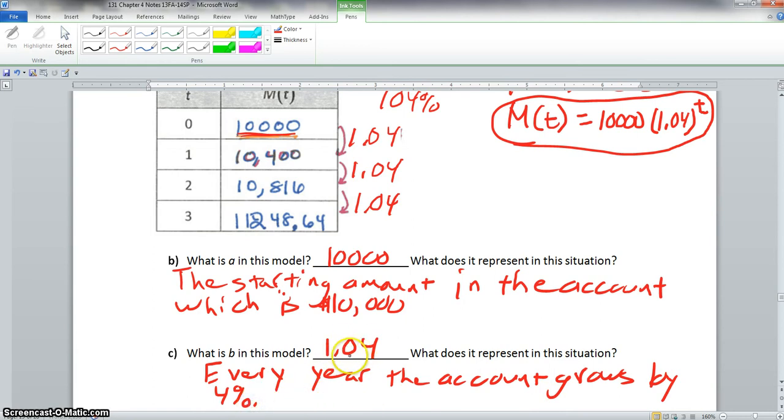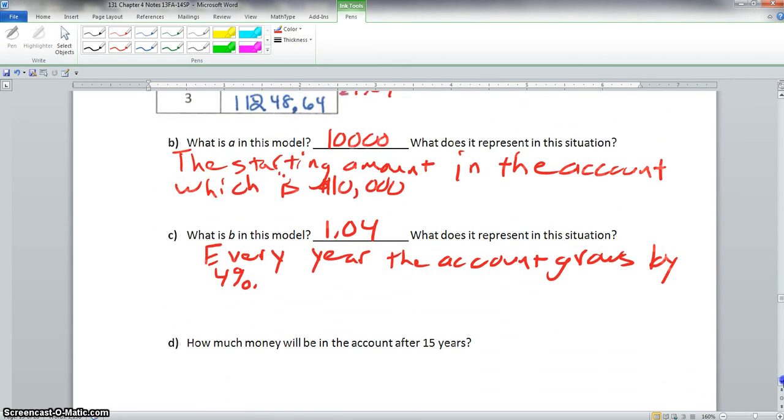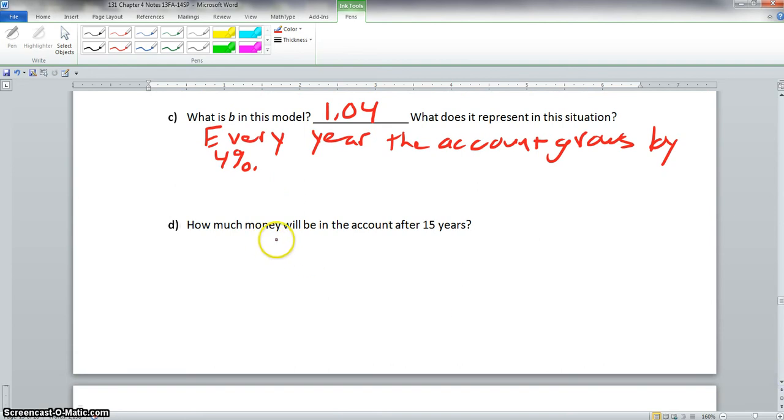Now remember, even though our base is 1.04, your interest is the 4%. You just have to include 1.04 because after a year you add the interest and the initial principal. So now we come down here to D. It says how much money will be in the account after 15 years. So you'll substitute in 15 for t.